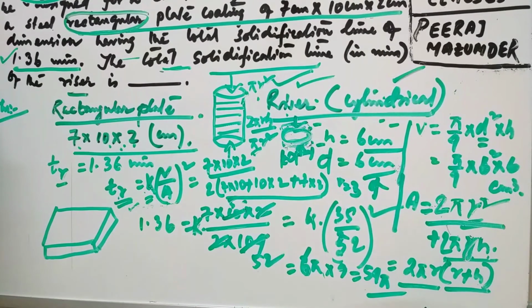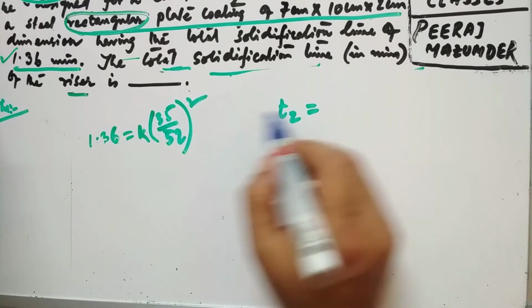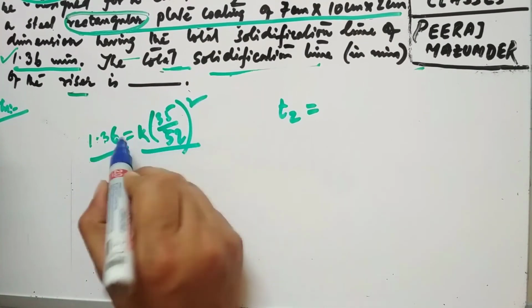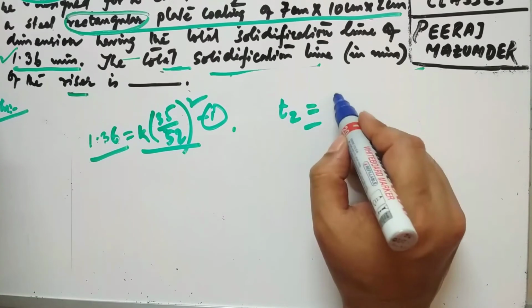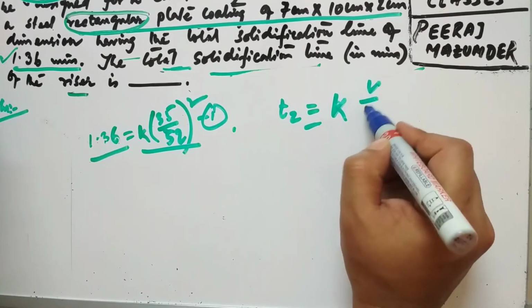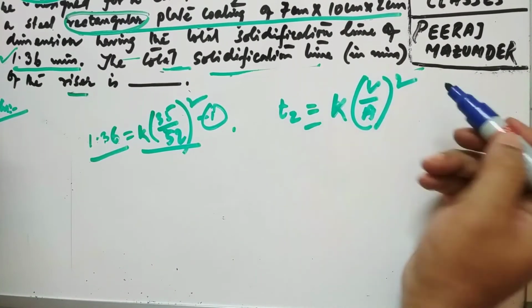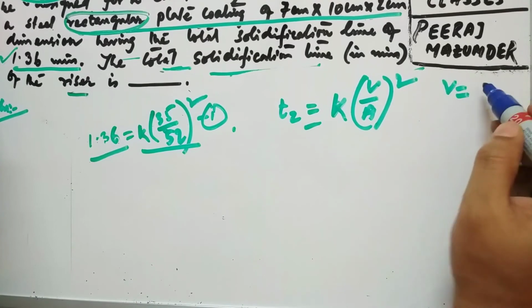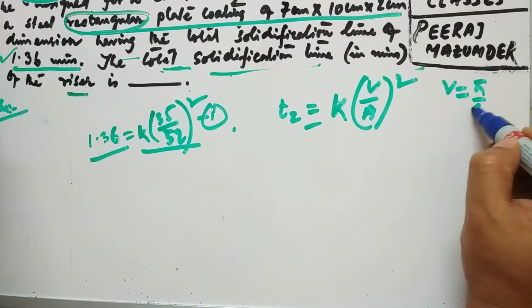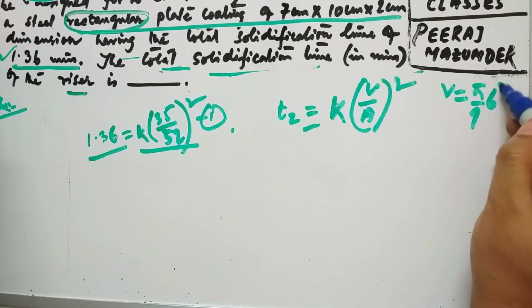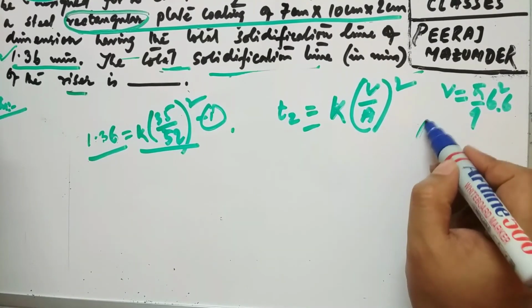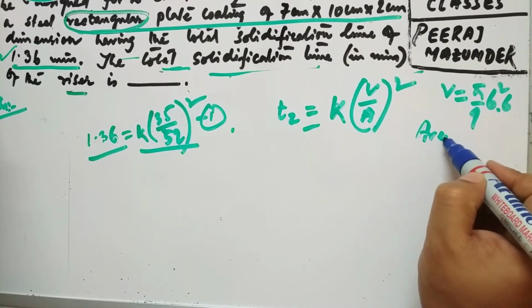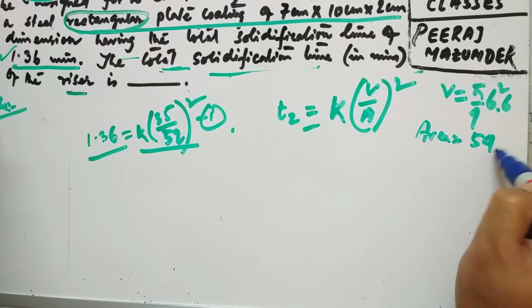Now we have to calculate the T2 value. We have already established the first equation. For calculating T2, we can write K into V by A whole square. You already know we have found V equal to pi by 4 into 6 square into 6, and for surface area we have found 54 pi.